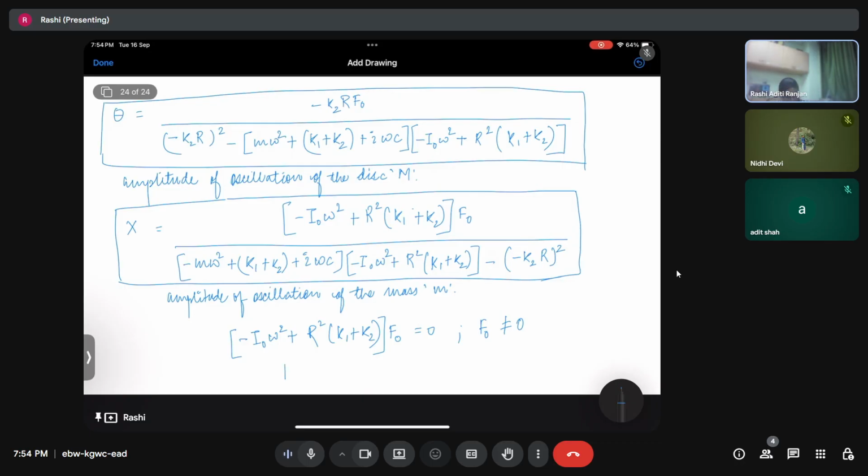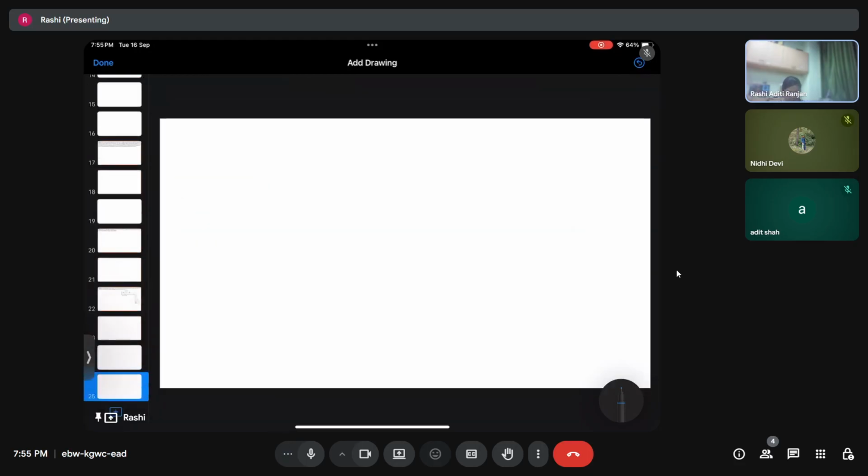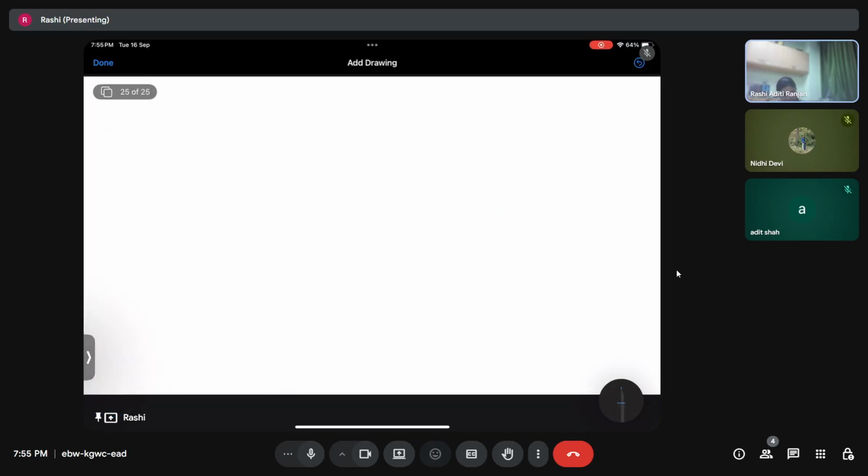So r square times k1 plus k2 is going to be equal to I naught omega square. So this gives, I naught was taken as I plus m r square. Okay, so I was not actually given in the system, but we consider this.